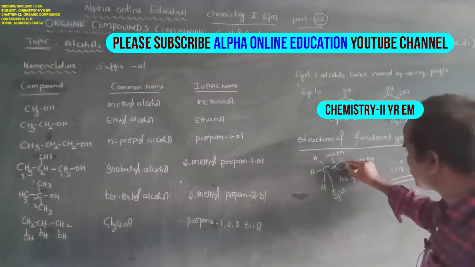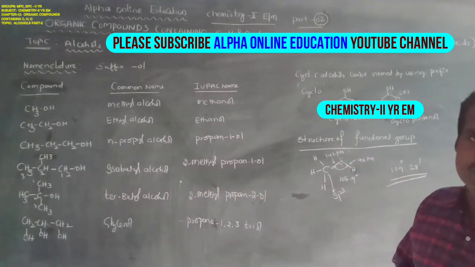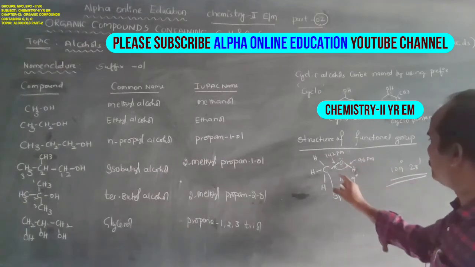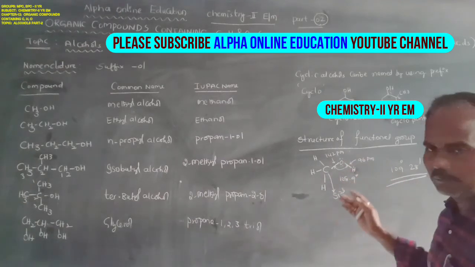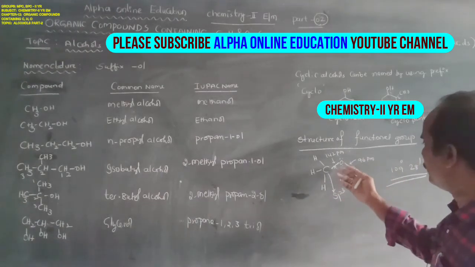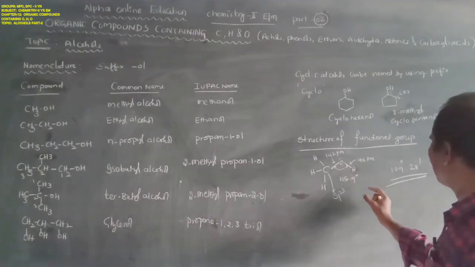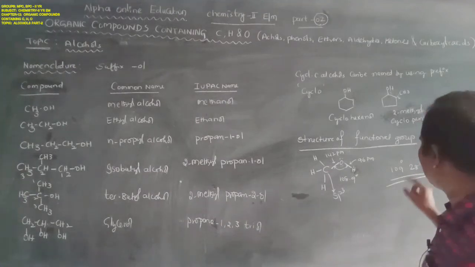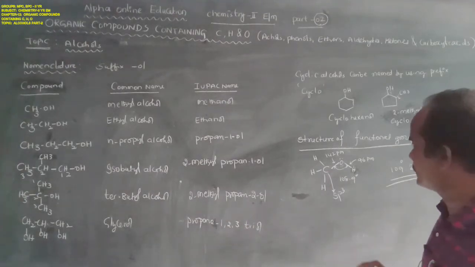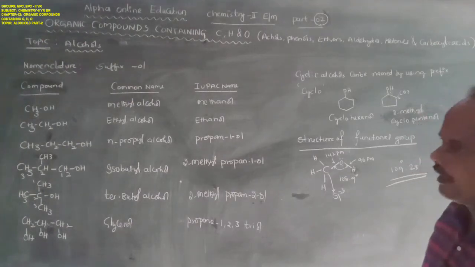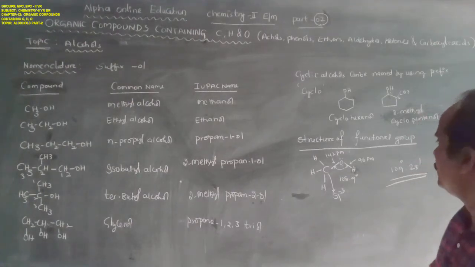Oxygen has two lone pairs of electrons, and repulsions take place between the lone pairs. Because of the lone pair repulsions, the bond angle is decreased when compared with 109 degrees 28 minutes. So this is the structure of the hydroxyl group, or the structure of alcohol.